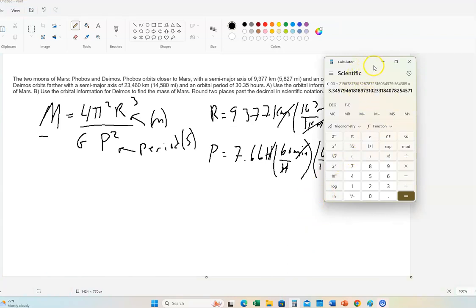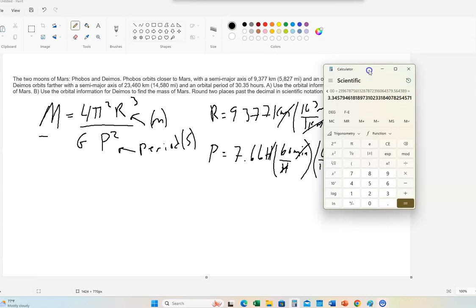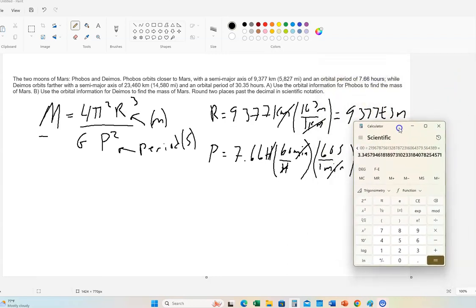All right, so let's get our calculator out, and we'll do that. I'll move it right here, so you can see that. Oops, I still have the last problem on there. So 7.66 times 60 times 60 again, or times 60 squared. Equals 27,576 seconds.